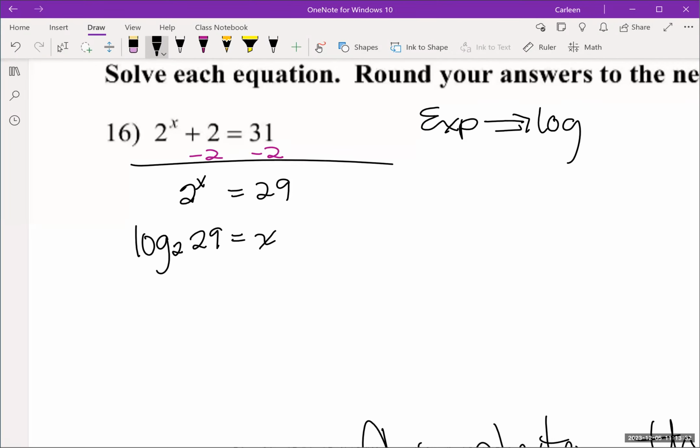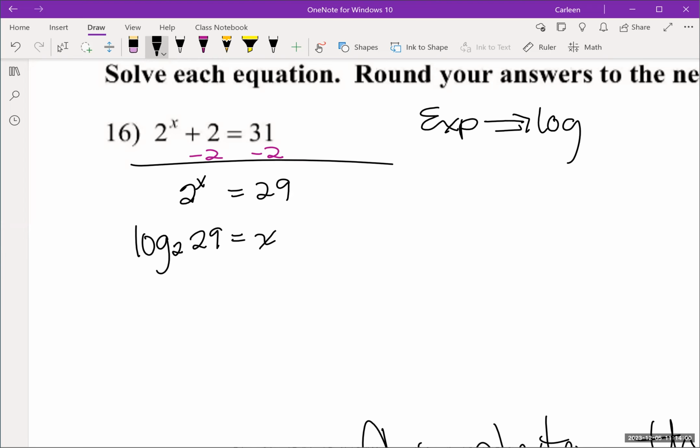And what has been isolated? Ah, that's the whole point. The whole point is to isolate your variable. 2 to what exponent gives me 29? I don't know. So if 29 is not a power of 2, can anyone tell me what my next step is? Yeah.